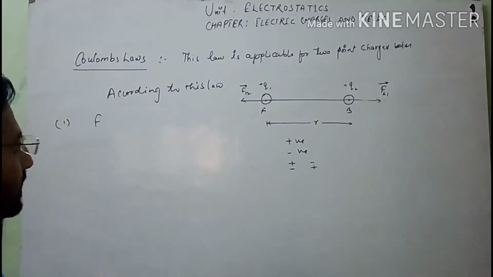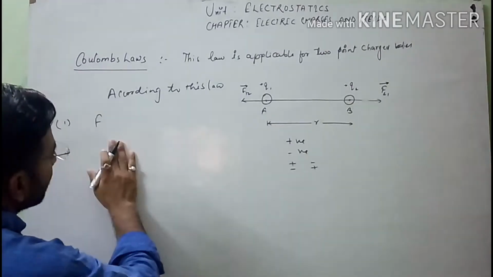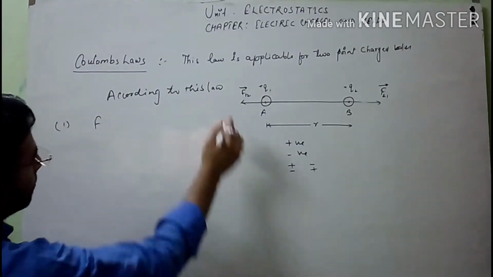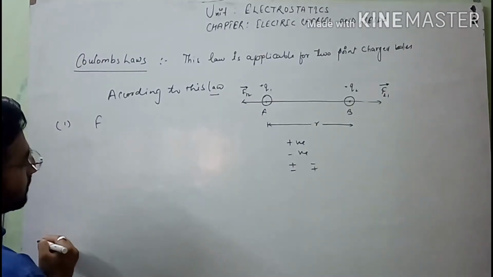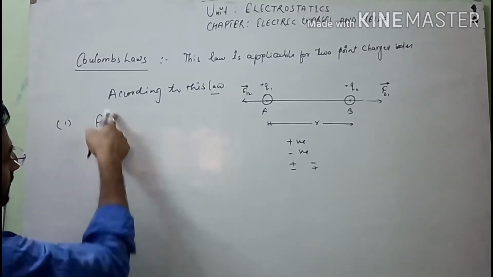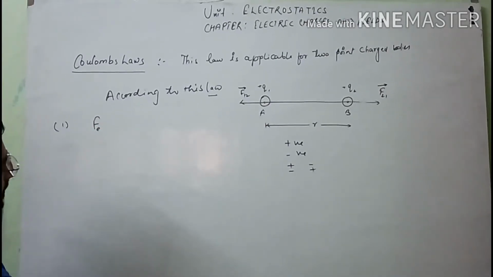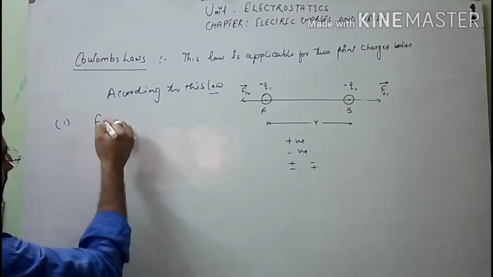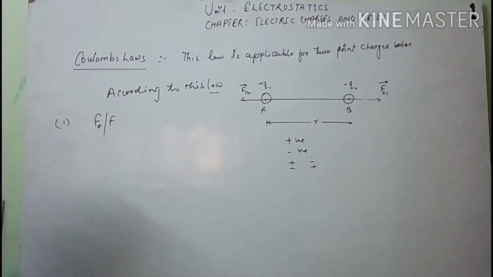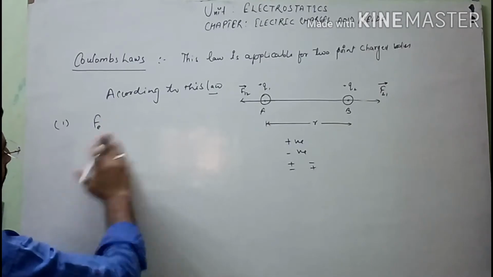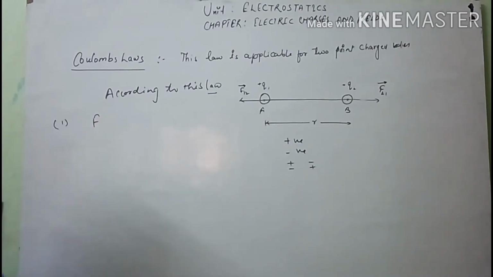Now I will write the statement of Coulomb's law. According to this law, this force of interaction, which is called electrostatic force, you may represent as Fe or F, it depends on you. So here I will use the normal F symbol.